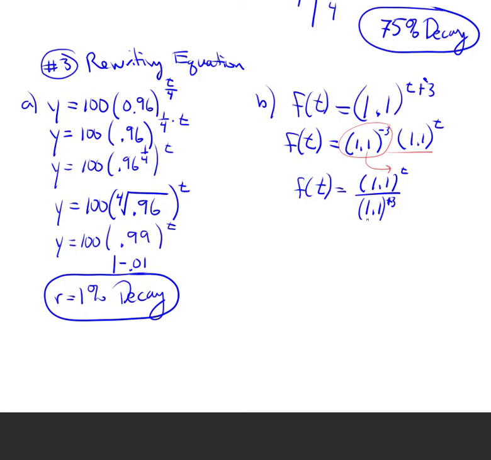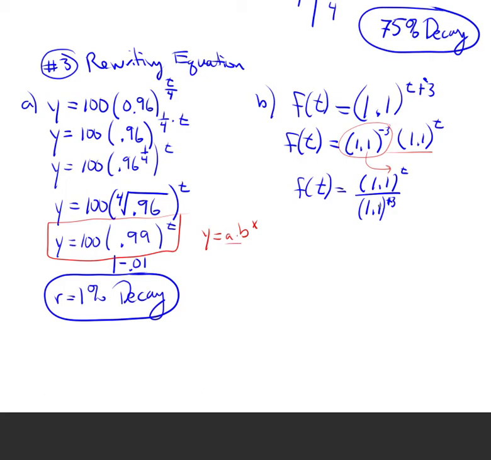Now I usually don't leave this exponent in the denominator. Similar to the other one, where we got it into y equals a b to the x power when it wasn't in that form, we want to get this into that same form where a is in the numerator.